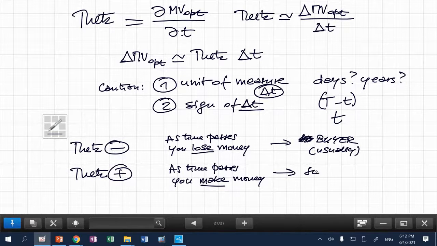And this is the typical position of the seller. So clearly, if you think about, for instance, the buyer, when you have a theta negative, you lose money, so this is negative, means that the typical assumption is that moving from today to tomorrow is a delta t of +1, okay?